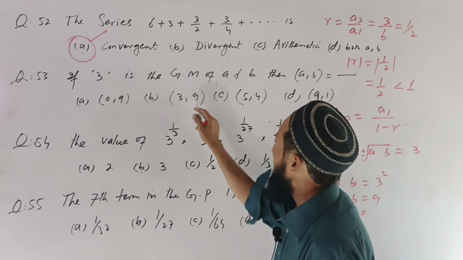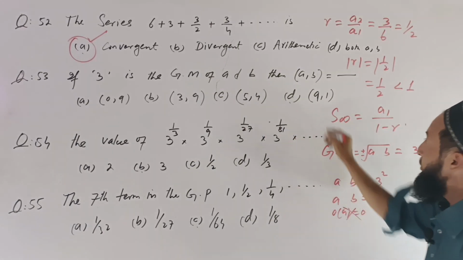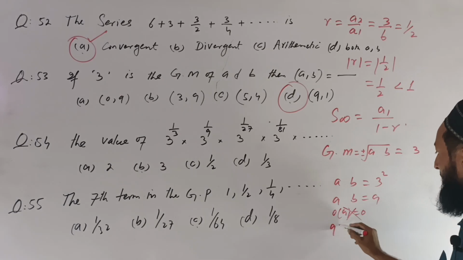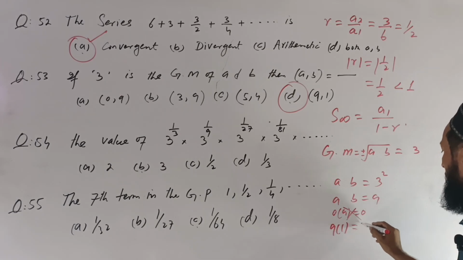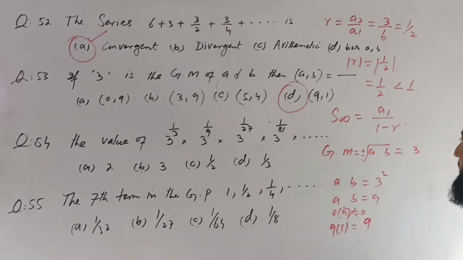Similarly 3 multiplied we get 27. And here 9 multiplied by 1 will be 9, so both results are the same.